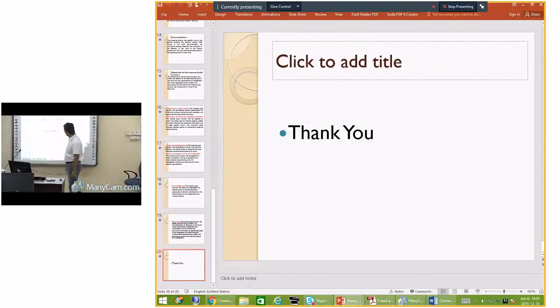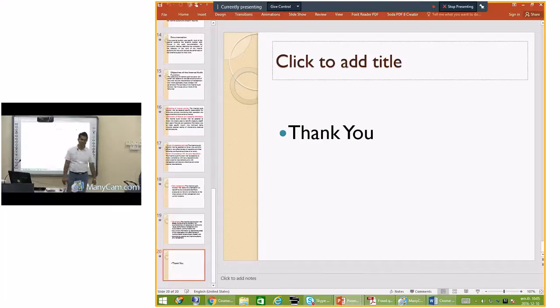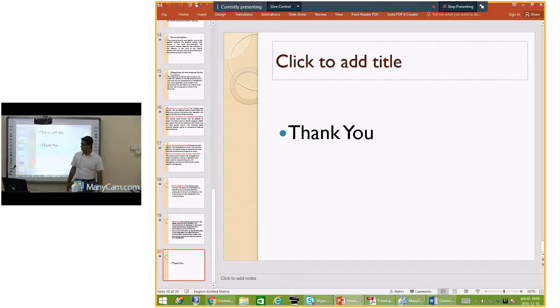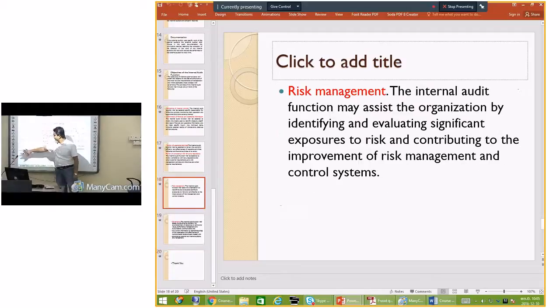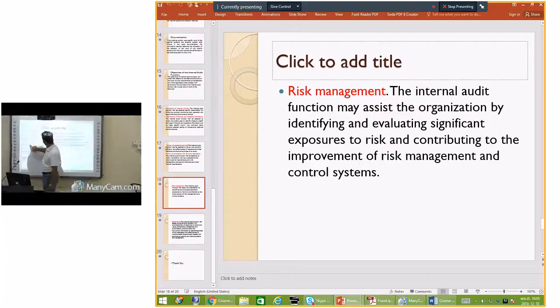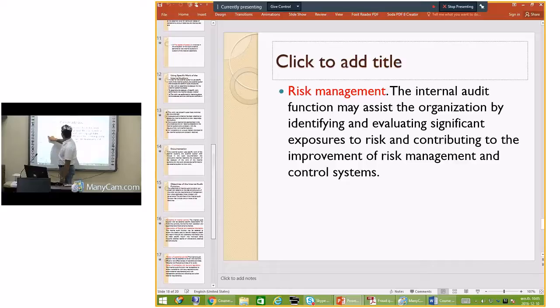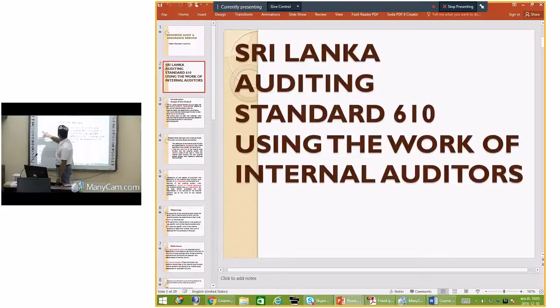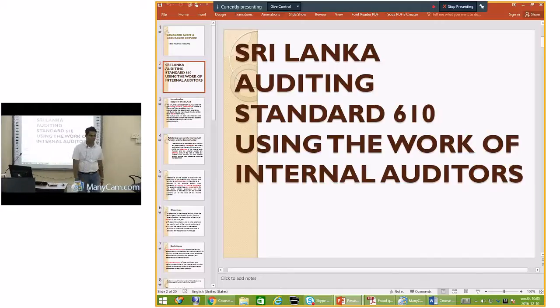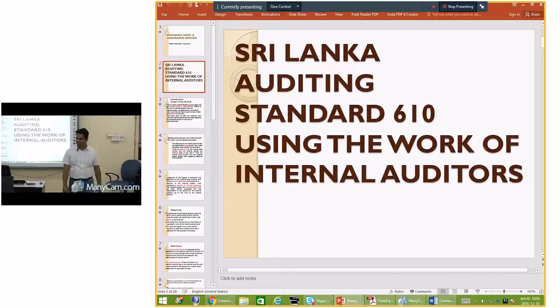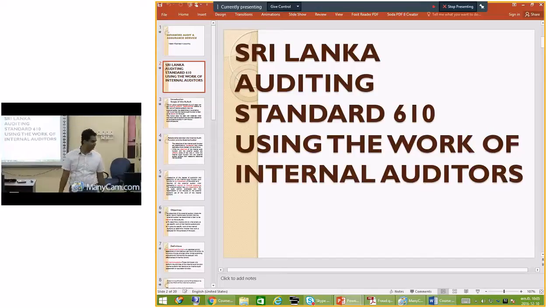Any comments? Any clarifications? Clear?